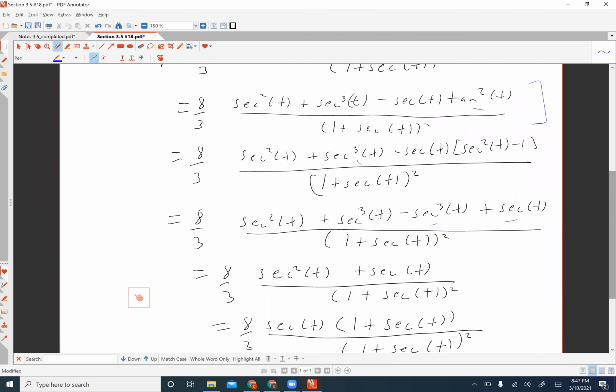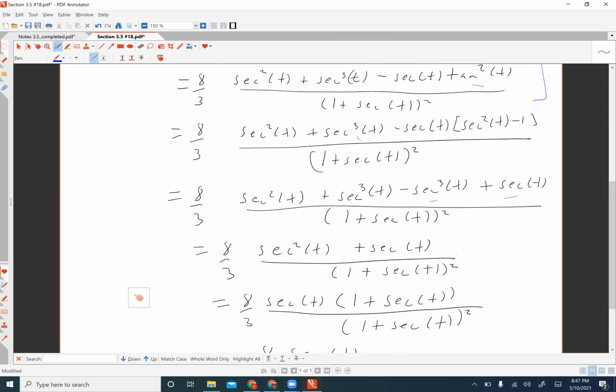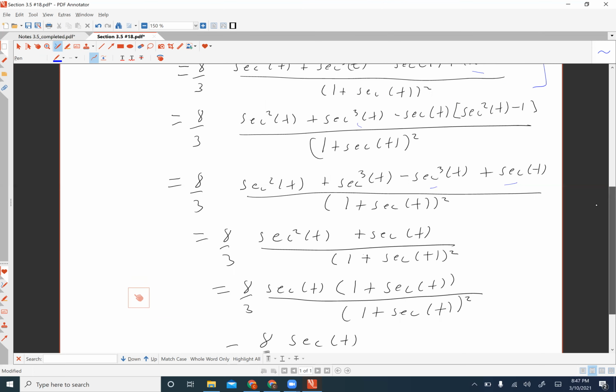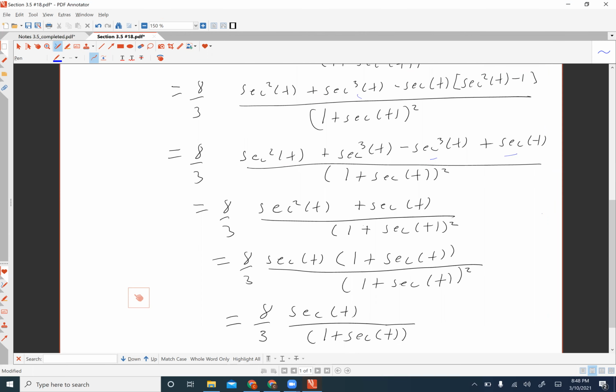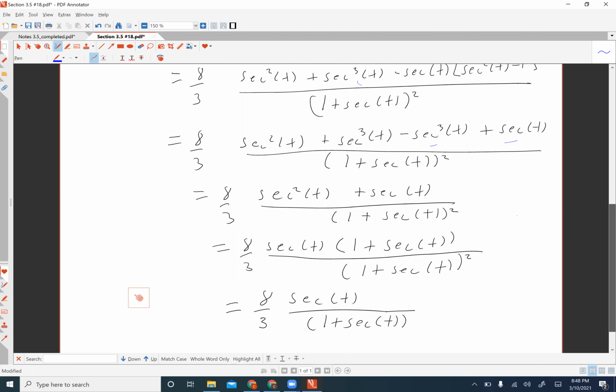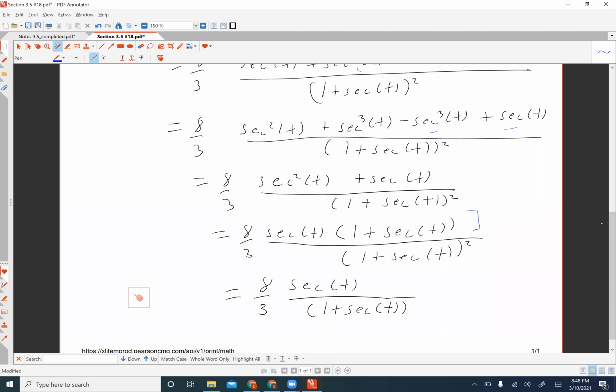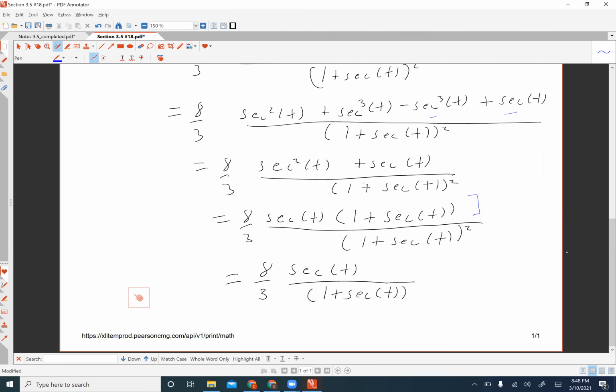So what are we left with in the numerator? Secant squared of t plus secant of t, the whole thing divided by 1 plus secant of t squared. But look, we can factor out a secant of t out of the numerator. So we get secant of t times the expression 1 plus secant of t, divided by 1 plus secant of t squared.